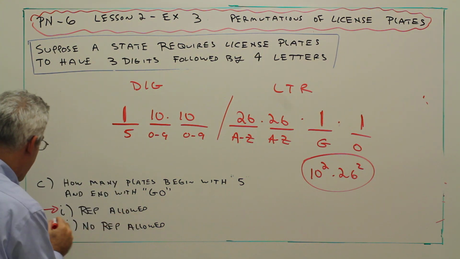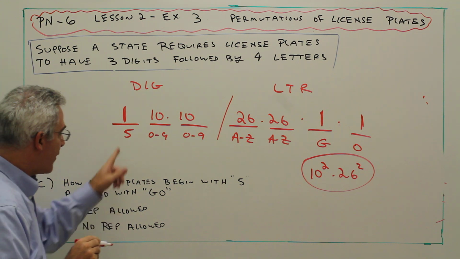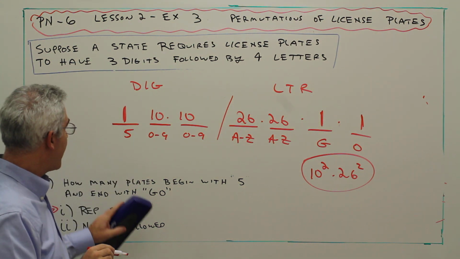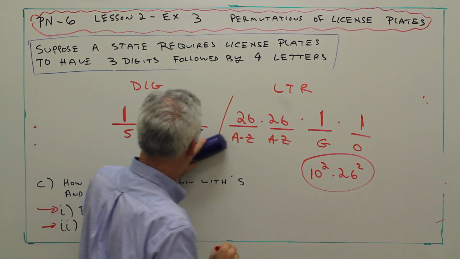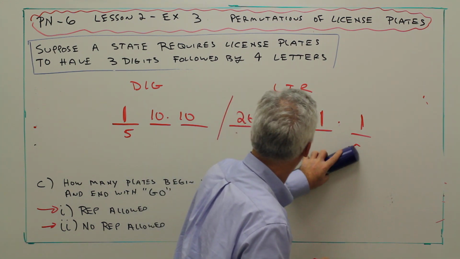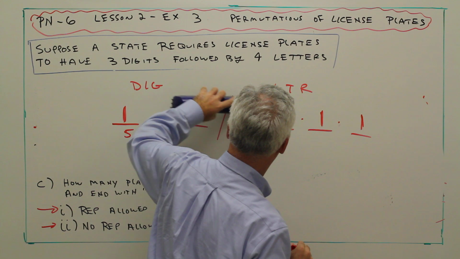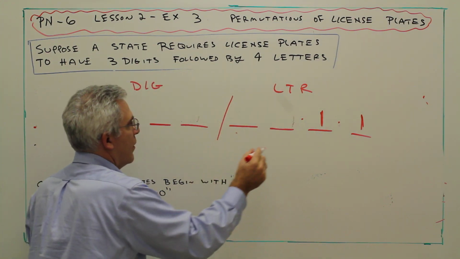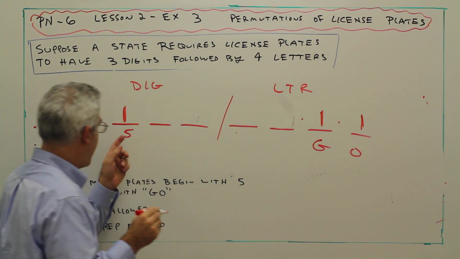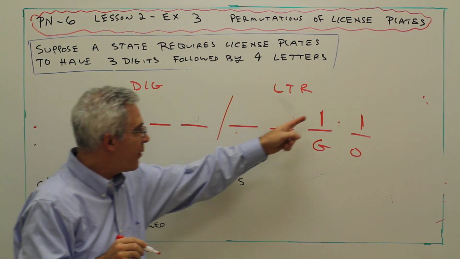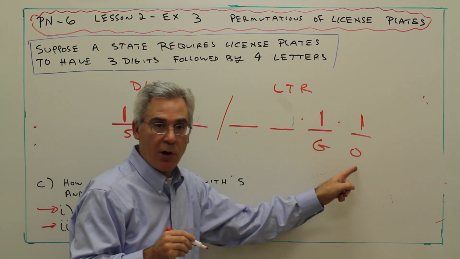All right, then the second part says, same problem, but without repetition. Okay, so let me erase this. This is still the same. There's one way to put a 5 there, one way to put a G there, one way to put an O there.